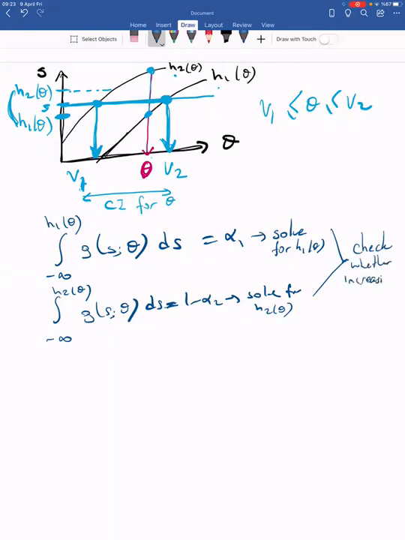Then check whether both of these are increasing or decreasing functions of theta.